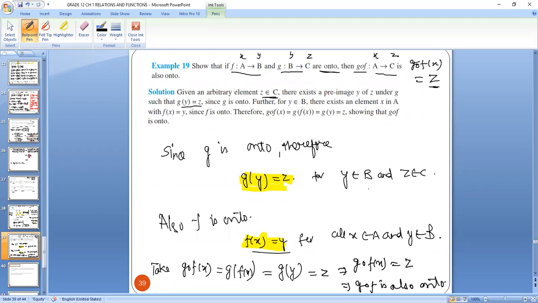So we are taking elements X, Y, and Z in order to prove that if F and G are onto, then G of F is also onto.